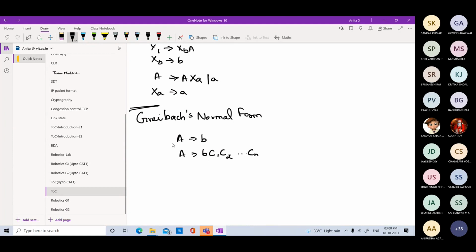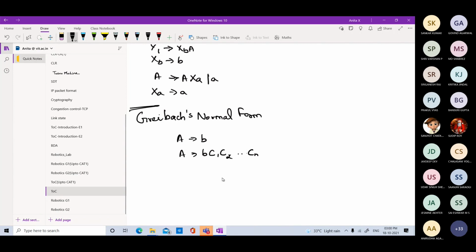In order to start with Greibach normal form, your grammar should be simplified, and then it should be in CNF. The first step is simplification of the grammar, next comes converting the grammar to CNF, and then we proceed with Greibach normal form.